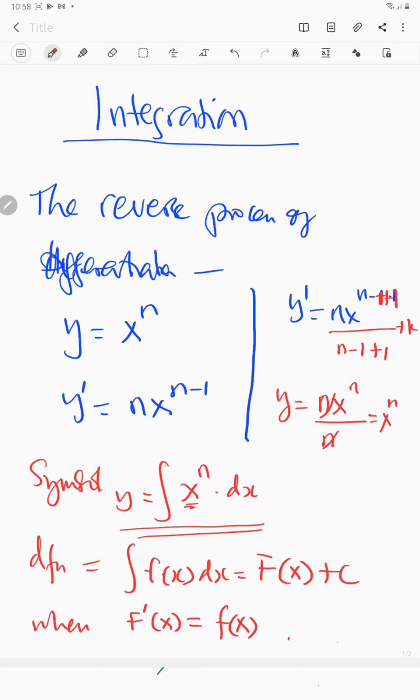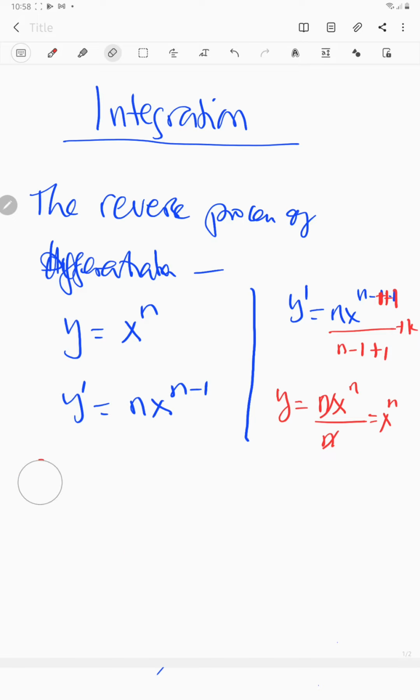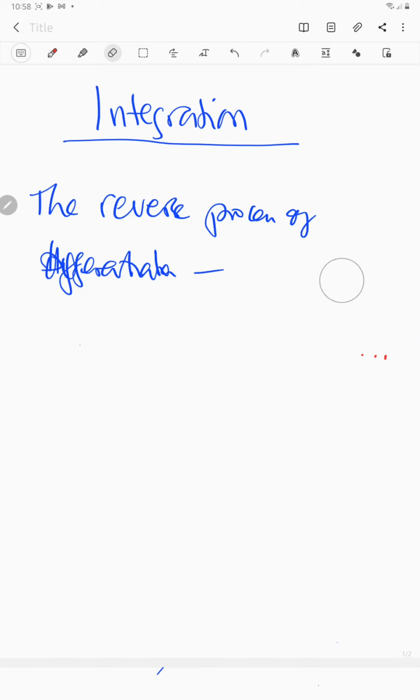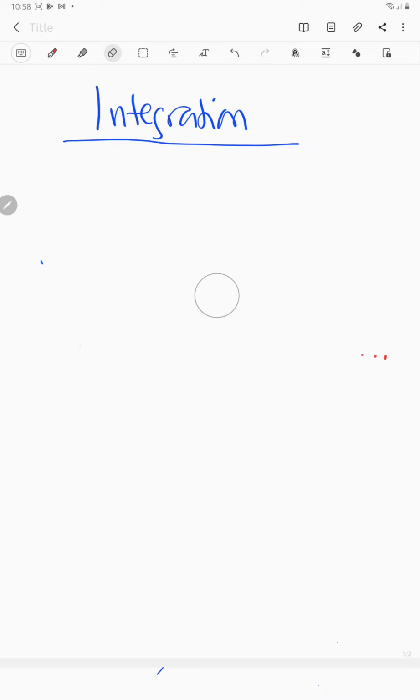Having said that, we can define some important elements. Let's assume we have a statement which is the integral of 2x squared plus 2x minus 5, dx.